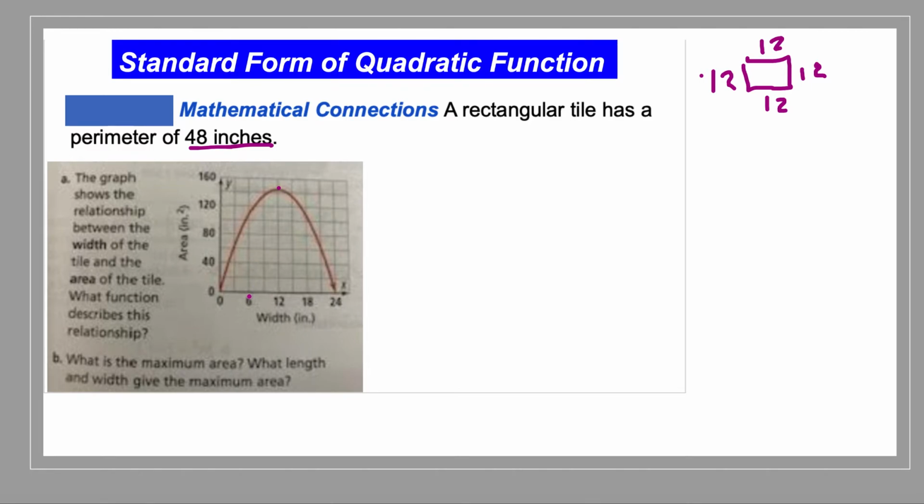For example, here is a 6. The width describes the x-axis and the y-axis is the area.